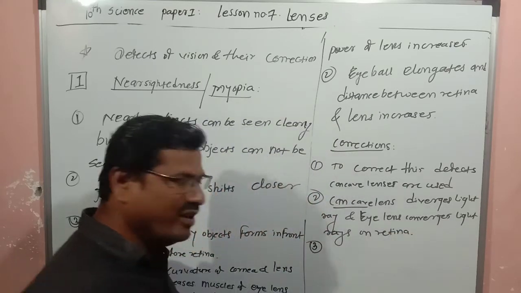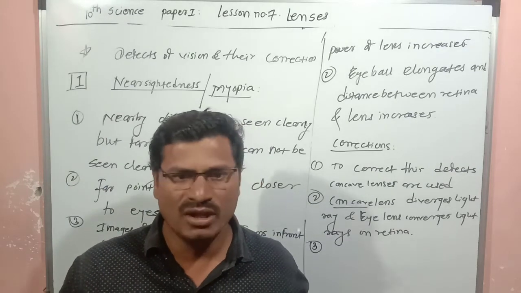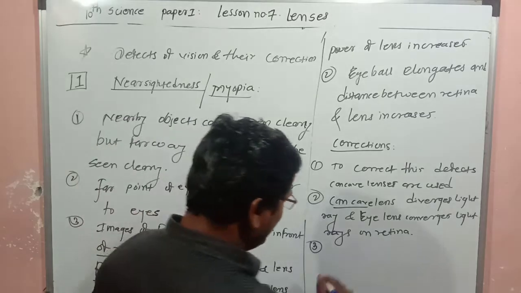And third point also, you can tell focal length of the concave lens is negative, so power of the lens is also negative.